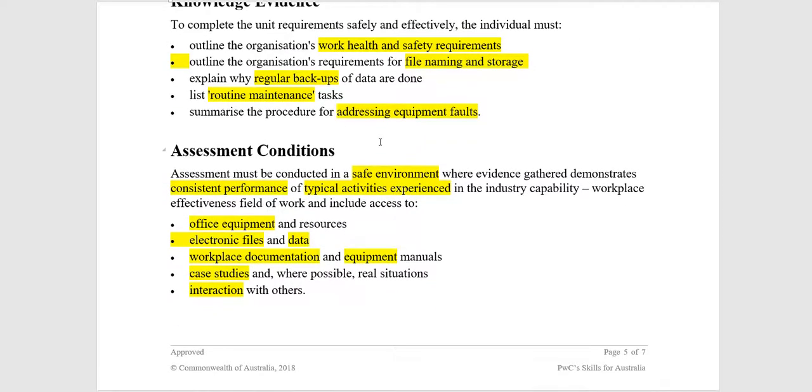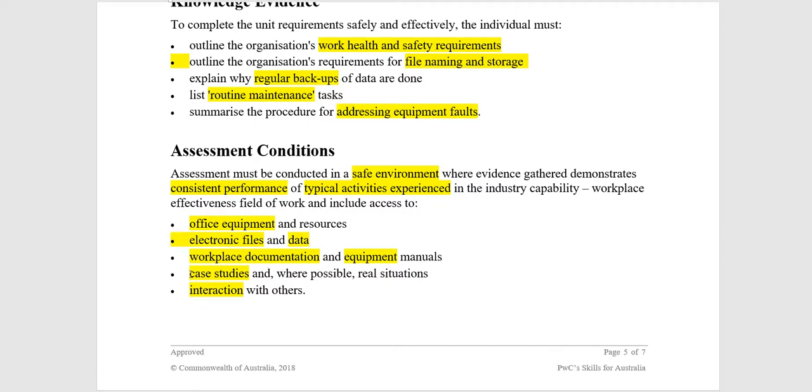The assessment conditions tell us about the environmental conditions for our assessment. The assessment conditions in this example are about doing it in a safe environment, with typical activities experienced in work, using this sort of equipment.